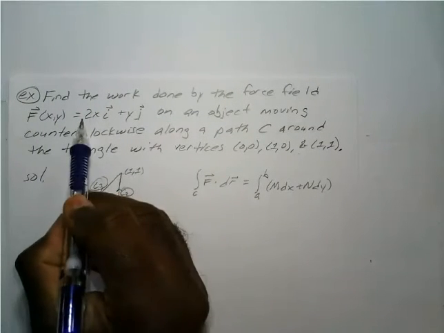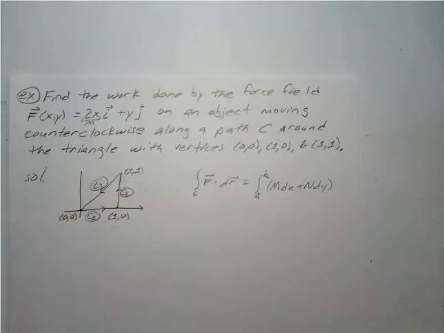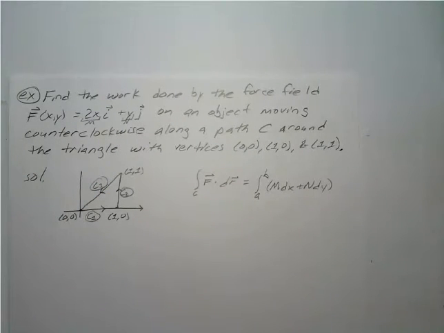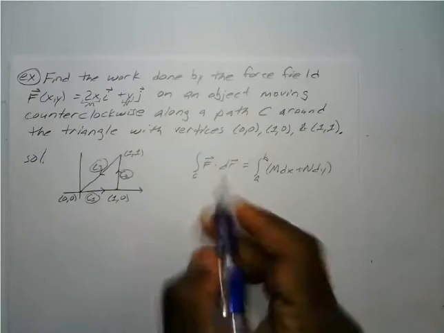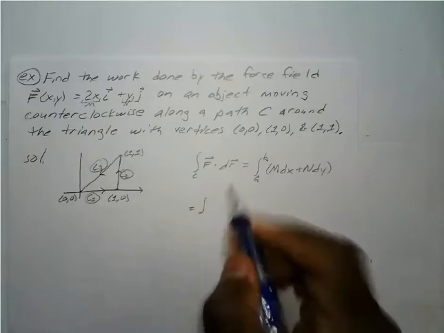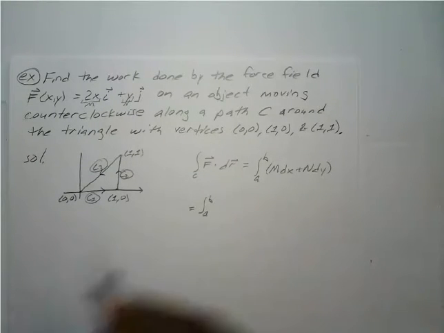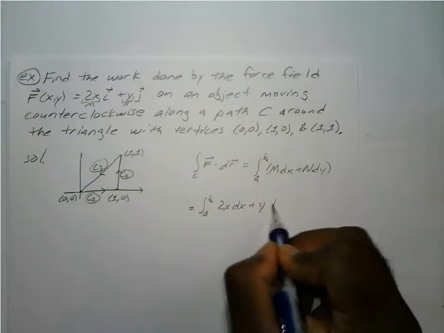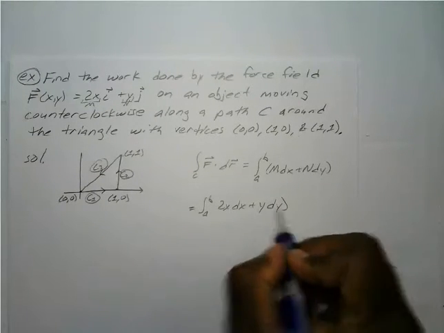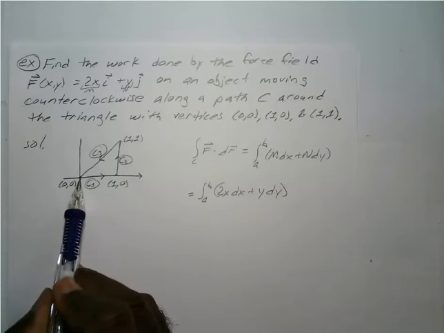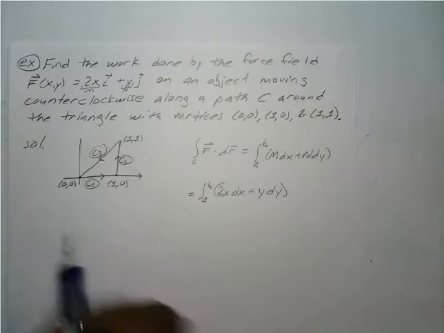So this right here is our M, and this is our N. We have our M and N, we just plug it right in. So the integral from a to b of 2x dx plus y dy. First, we're going to look at the integral from (0, 0) to (1, 0).